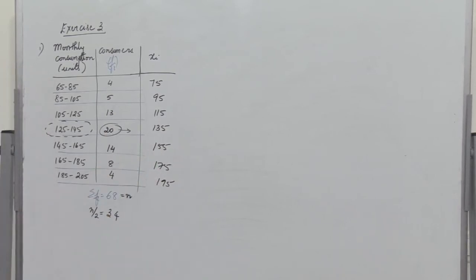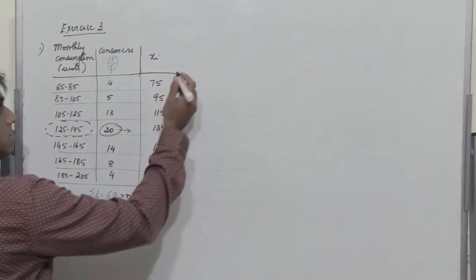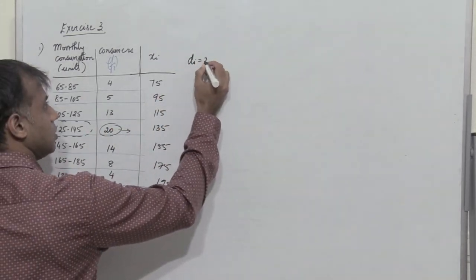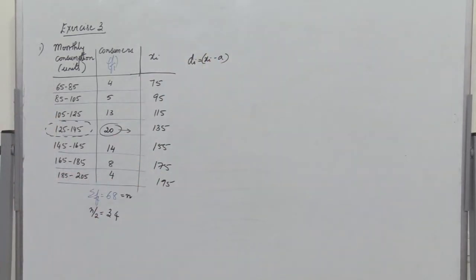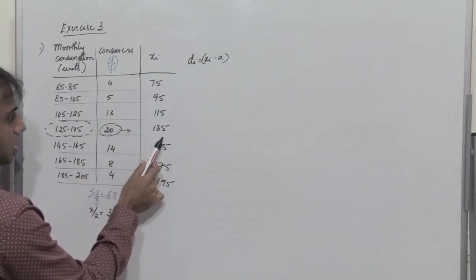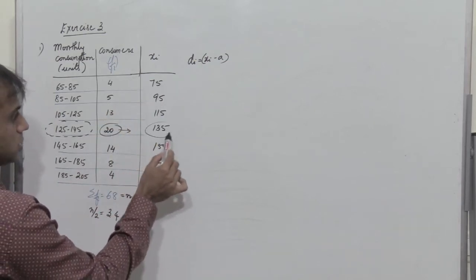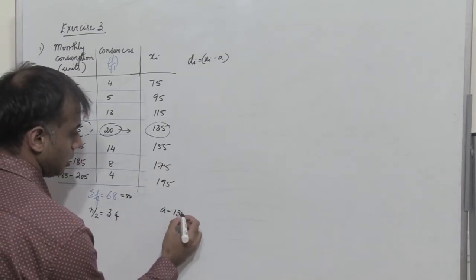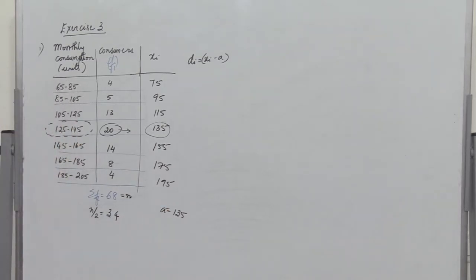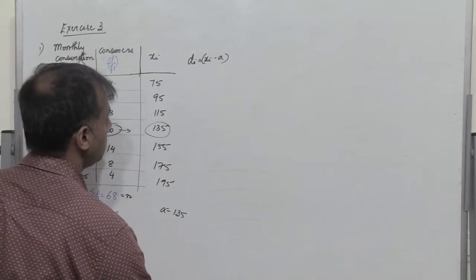So this is the value of xi. Next, to simplify, let me find di equals xi minus a. How do I choose the value of a? If we observe, there are 7 class intervals, so let me choose the value of a as 135. So a is equal to 135. Now let me perform xi minus a.